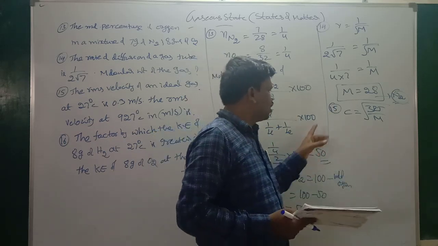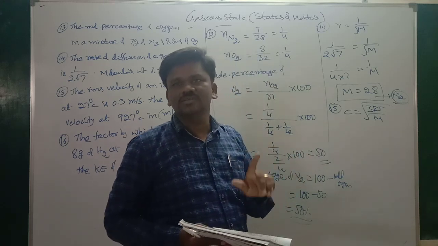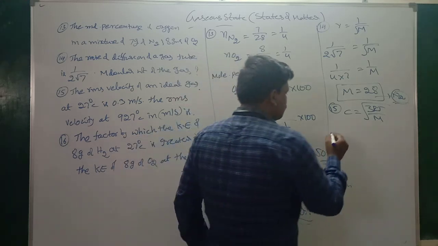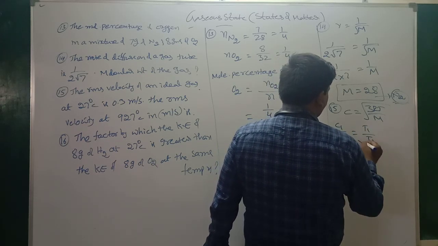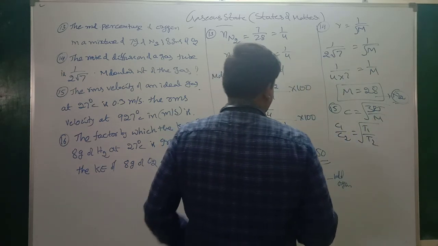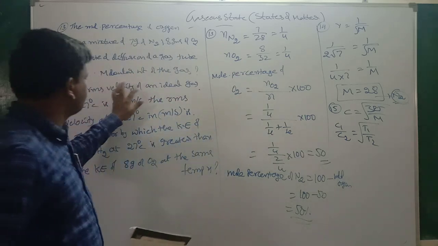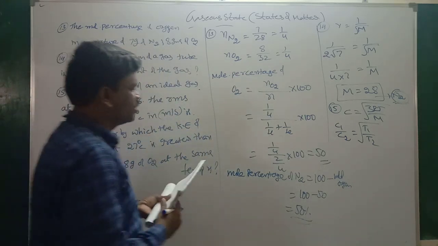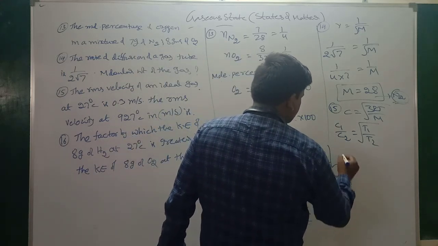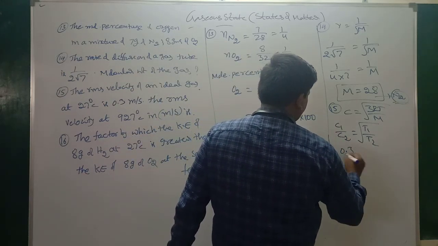That means for the RMS velocities of two gases C1 and C2, C1 by C2 is equal to the square root of T1 by T2. Here, C1, the RMS velocity of an ideal gas at 27 degrees centigrade, is 0.3. Then C1 is equal to 0.3.